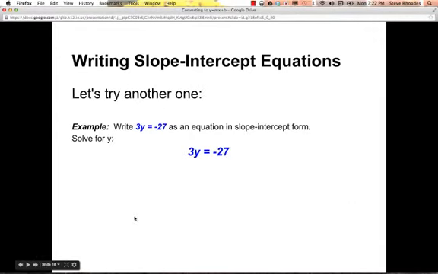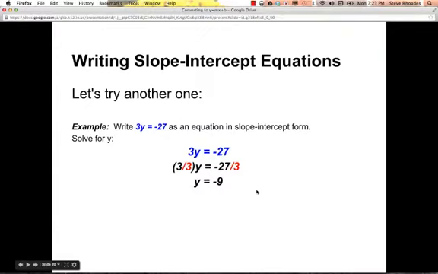There are two special problems that we want to cover today, and they are problems in this form. In this example, it says write 3y equals negative 27 as an equation in slope-intercept form. Well, you say, how can you do that? There's no x. Well, you still solve for y. So you take 3y divided by 3, and negative 27 divided by 3, and that equation simplifies down to y equals negative 9.